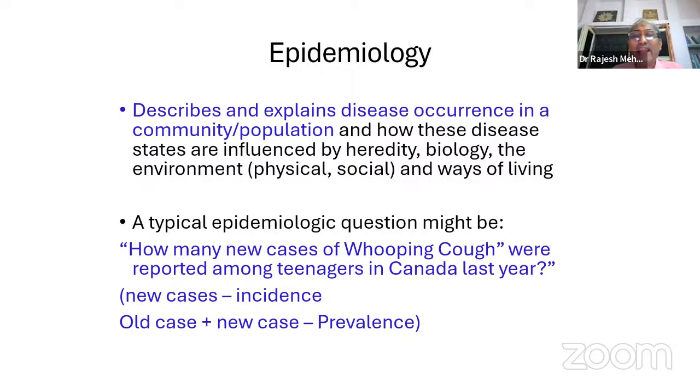Incidence is out of the at-risk population, while prevalence is out of the total population. So saying that new cases is incidence and old cases plus new cases is prevalence is not that simple. Incidence you have to take out of the at-risk population. That is very important, and this is a usual mistake people make.